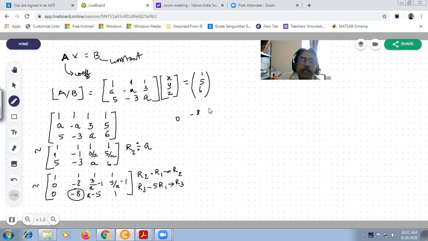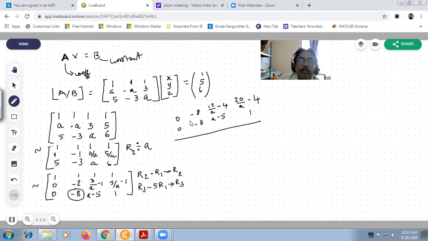4 into 3 by A, that is 12 by A, minus 4. 4 into 5, 20 by A, minus 4. Again 0, minus 8, A minus 5, that is 1.